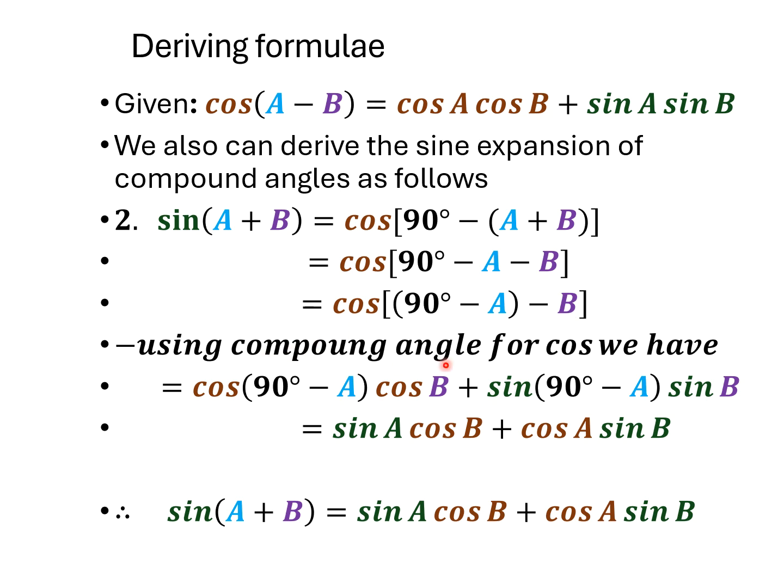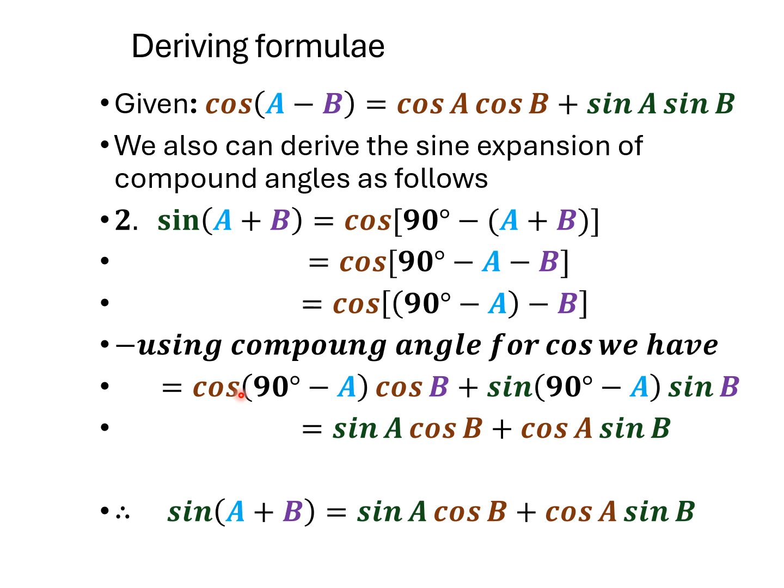So again, the compound angle in this case has only two angles. Using the compound angle for cos, we would have cos(90 minus A) cos B. Remember, minus becomes plus. That gives me sin(90 minus A) sin B. Cos(90 minus A) falls in the first quadrant, but 90 changes cos to sine.